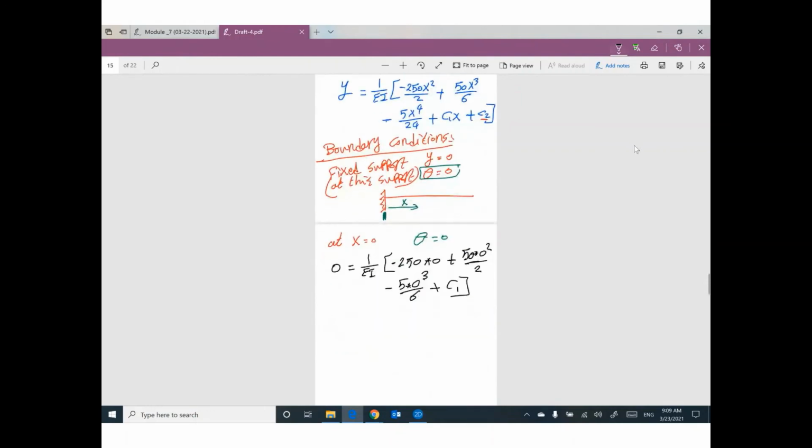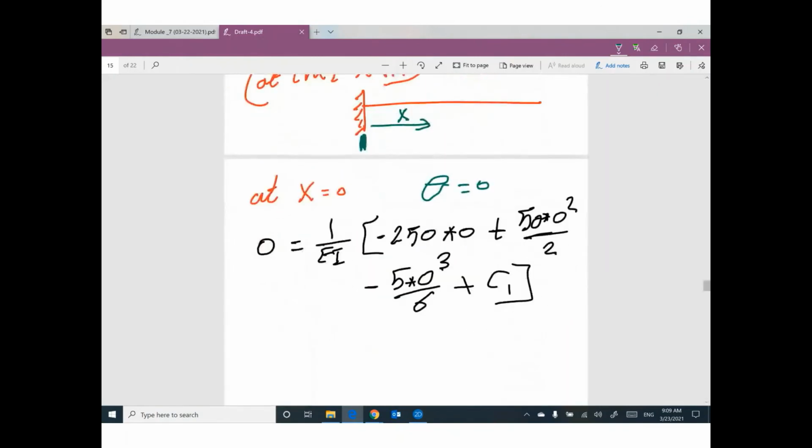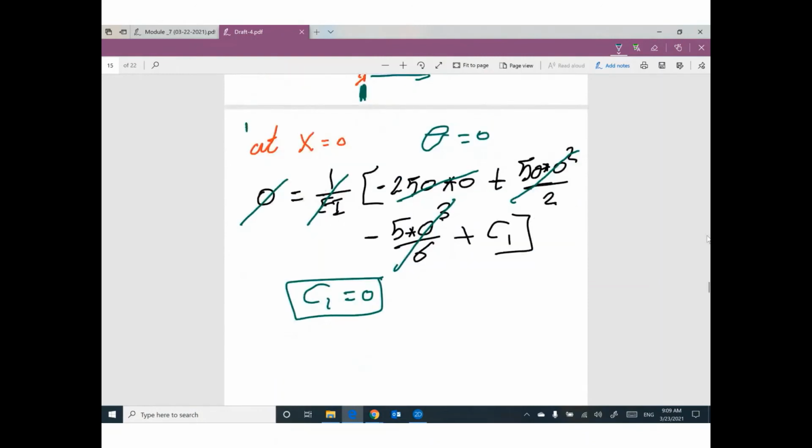I believe this term will be 0, this term will be 0, this term will be 0. 1 over EI will cancel by 0, so C1 equals 0. You are lucky. This is the first boundary condition.